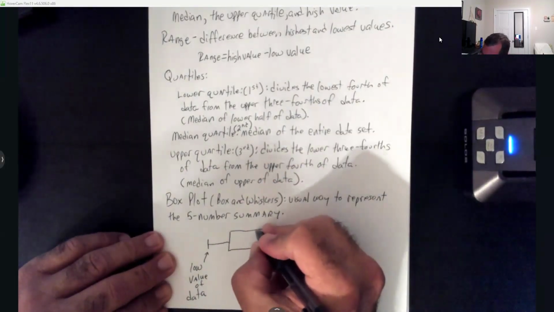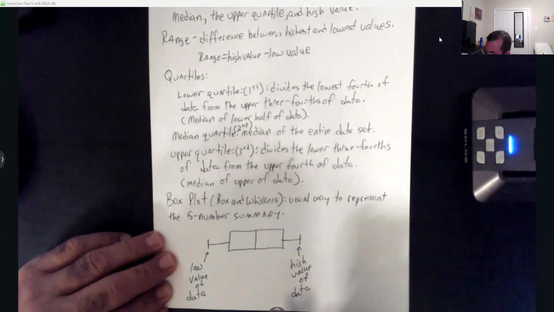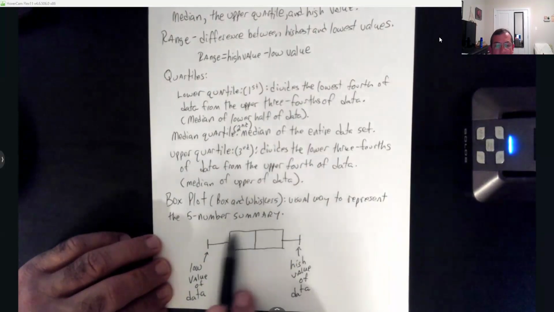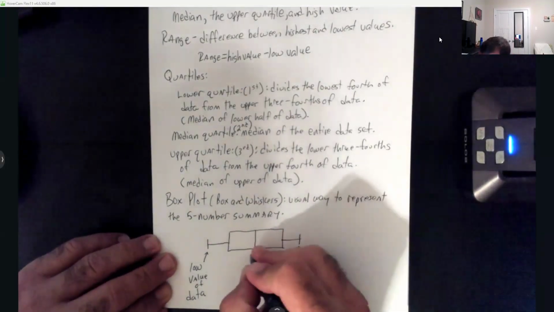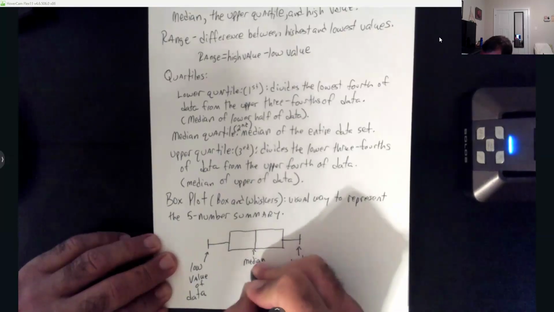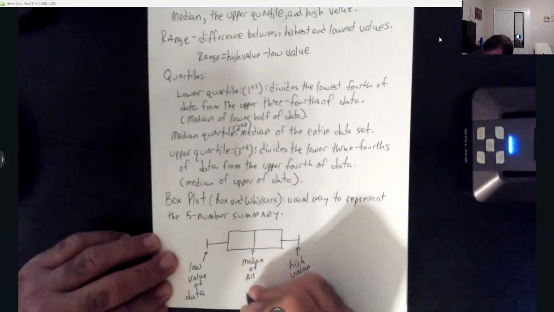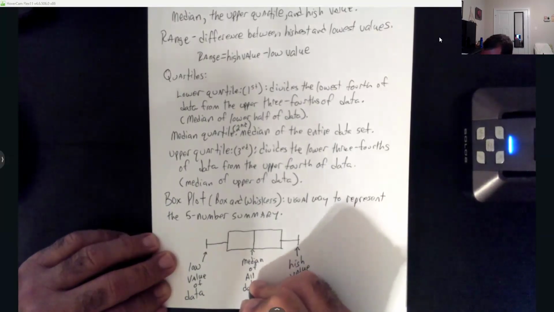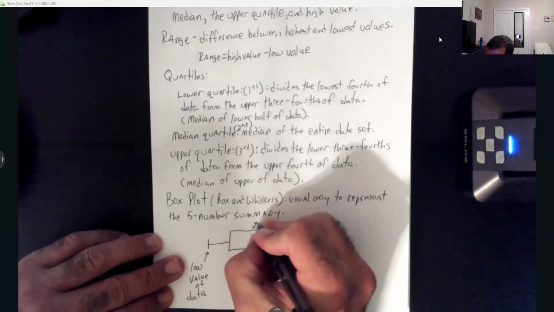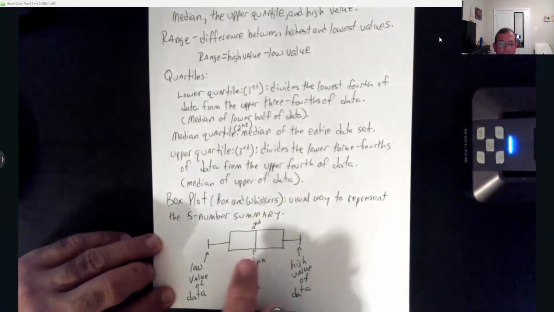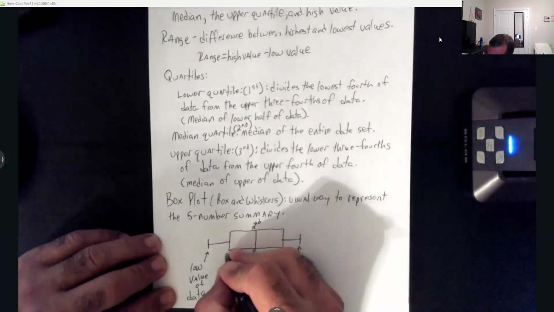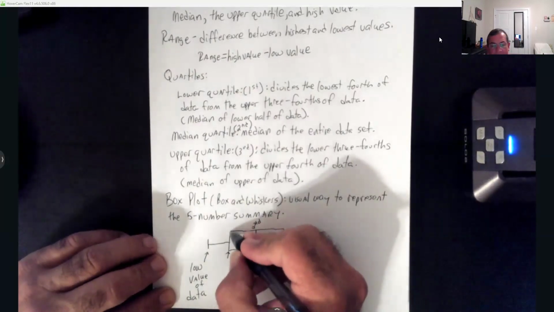So then inside the box, we'll have a line inside the box. This is the median of all the data. So basically, it's your second quartile right here. So your second quartile, if you notice, is dividing all this data in half, okay? So how about this line right here?